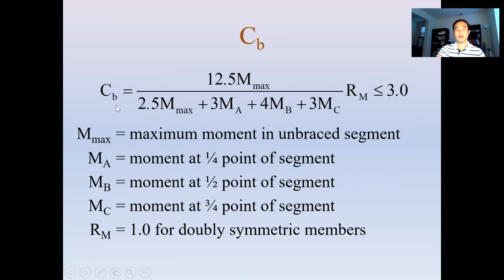So how can we find the C sub B? It depends on the bending moments at certain points along the beam from the bending moment diagram.